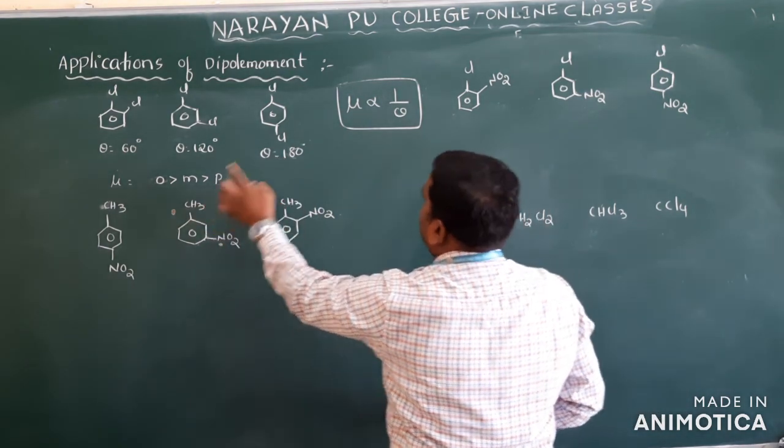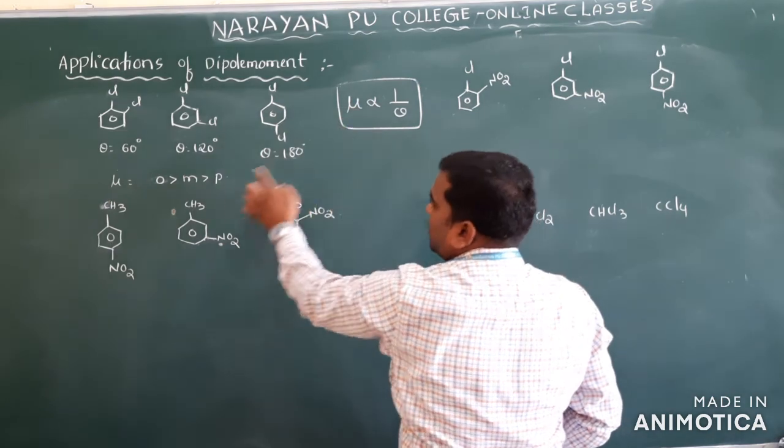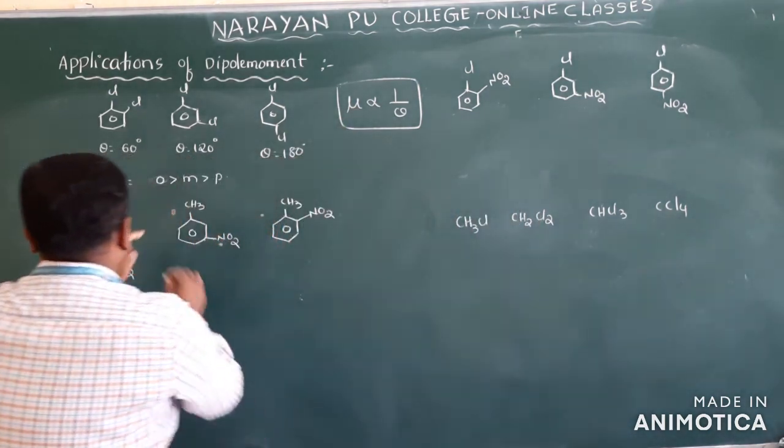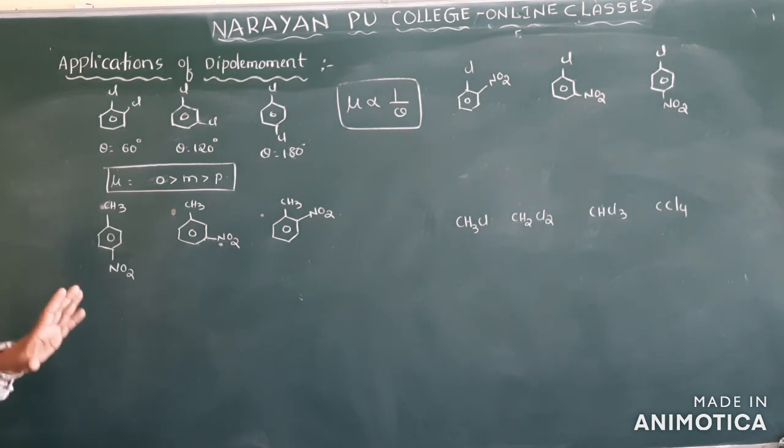Para is the lowest dipole moment, and 60 is the lowest angle, so it has the highest dipole moment. You can apply that. So you just have to see the bond angle, and then you can easily write the dipole moment.